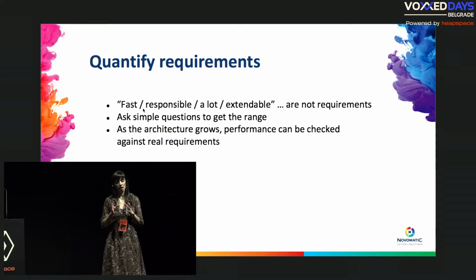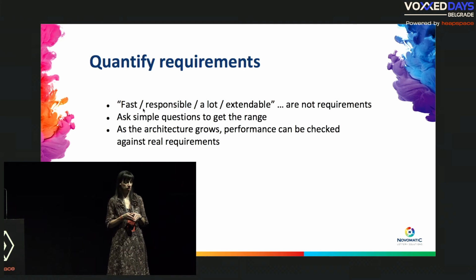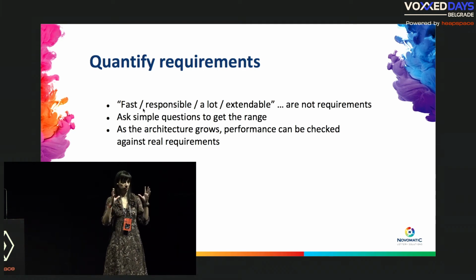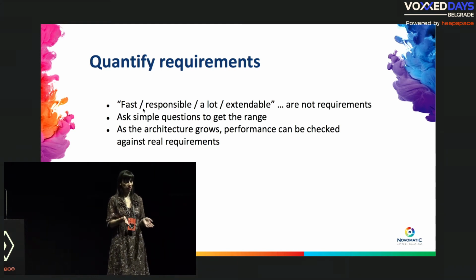So in this case, you have to go back to the client and ask him to quantify these quasi-requirements they have. So if they say the system must be scalable, then you ask how many new users you expect, in what time period, from where will they come.